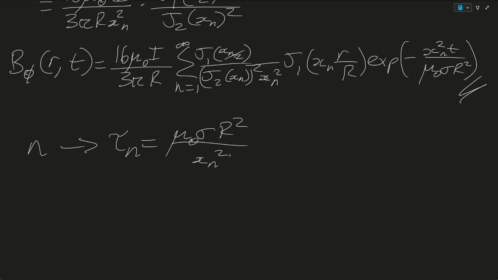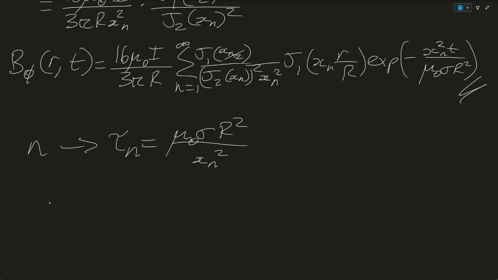Now, we know that for each root of our Bessel function, they increase. So x1 is less than x2, is less than x3, etc. This is the characteristic decay constant. Sorry, I should have said that. Tau n is the exponential decay time constant, right?